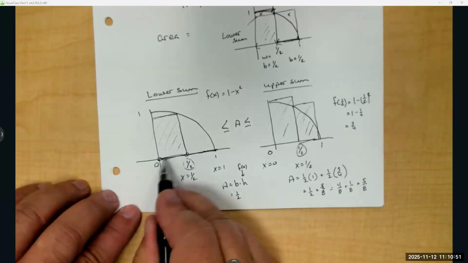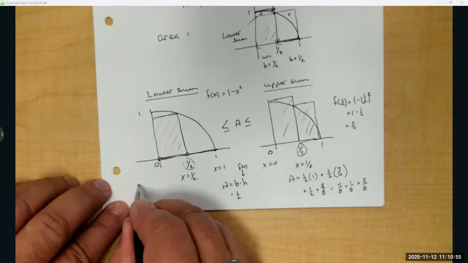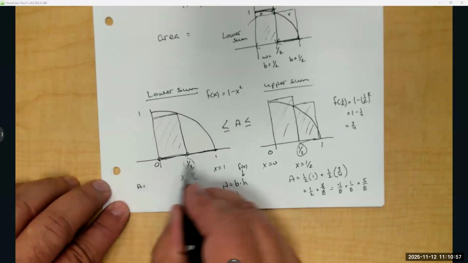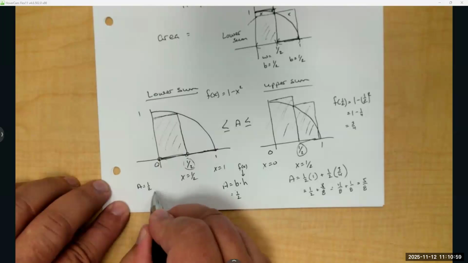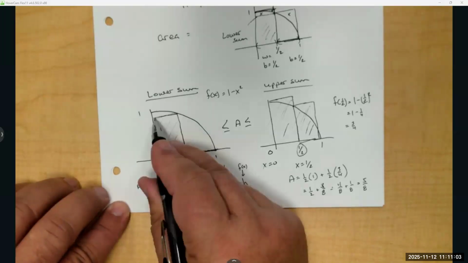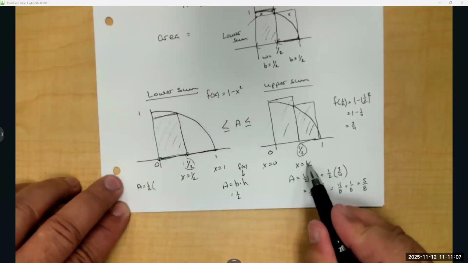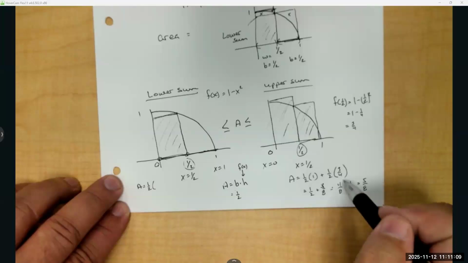In this inner one, the area is, again, the base is 1/2. But from this one, that gives me this inside area. At 1/2, we know the area is 3/4.